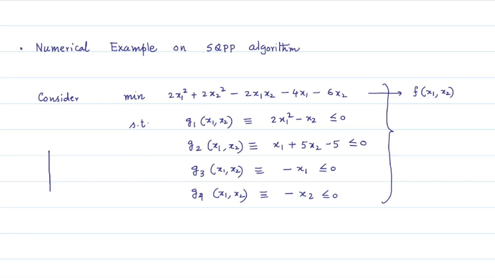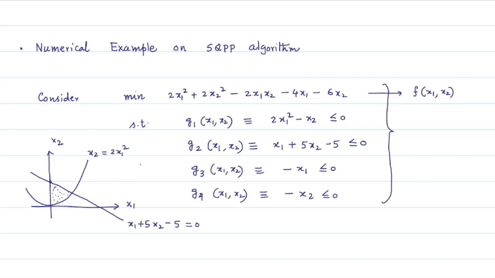You will find that the feasible region is given by the first constraint, the upper part of this parabola x2 is equal to 2x1 square, intersection with the below part of this line x1 plus 5x2 minus 5 is equal to 0, intersection of these two regions in the first quadrant. So this is your feasible region, this dotted region.